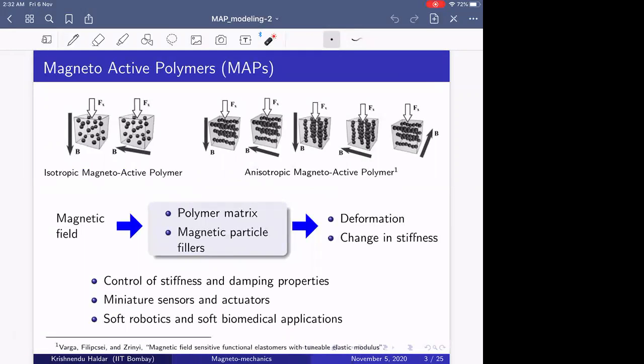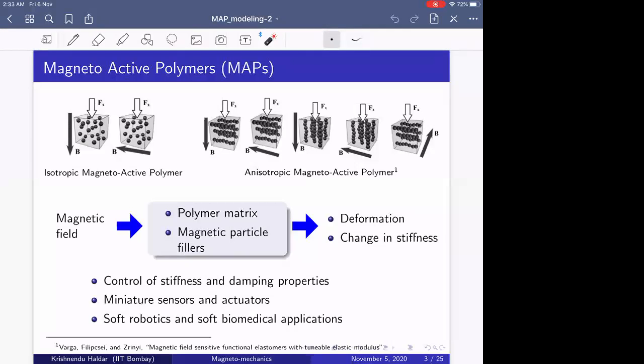So this is the way I want to introduce this material. Here, the top left corner is a schematic of an RVE of this material. The cube is your polymer matrix, and you have tiny magnetic filler particles, and the way it is cured, the polymer makes a good bond with these filler particles.